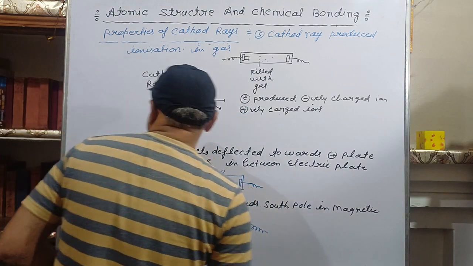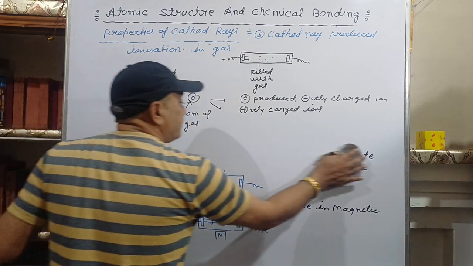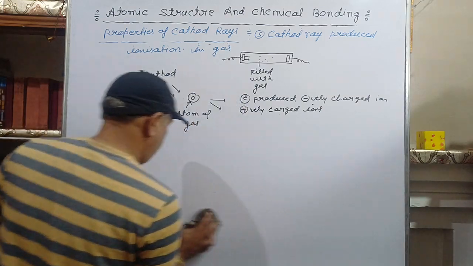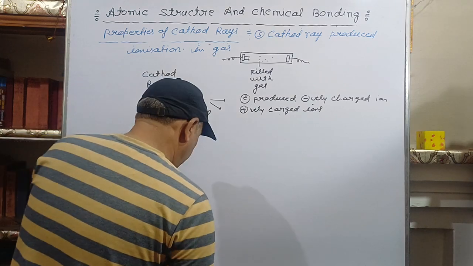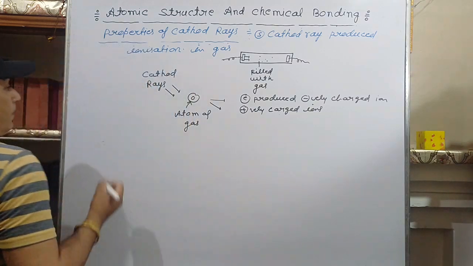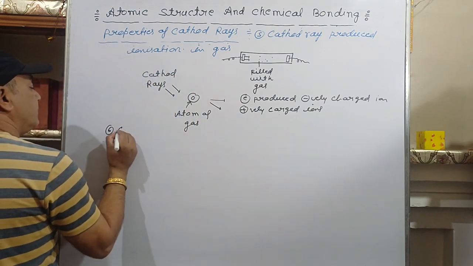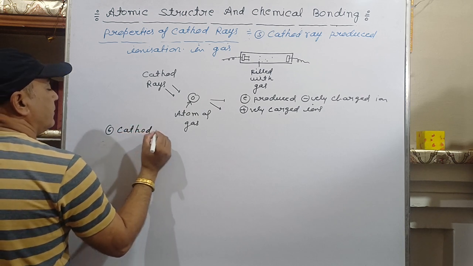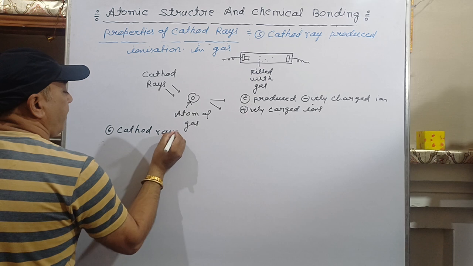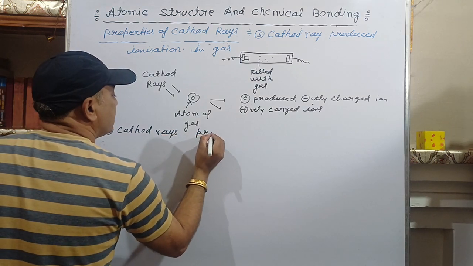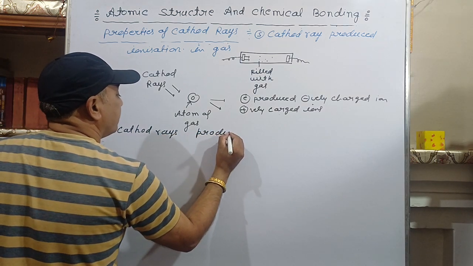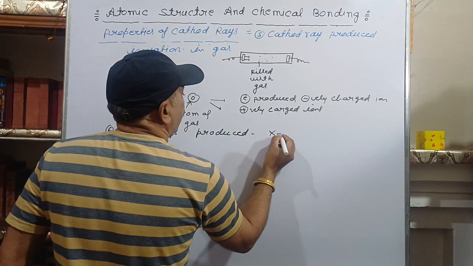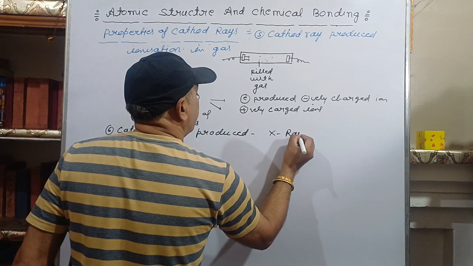And now the sixth property. Cathode rays produce X-rays, which are used in X-ray imaging.